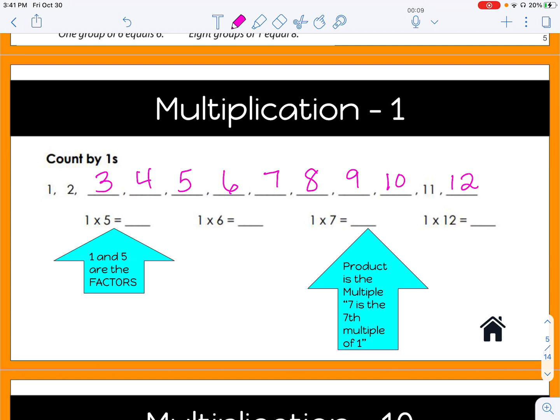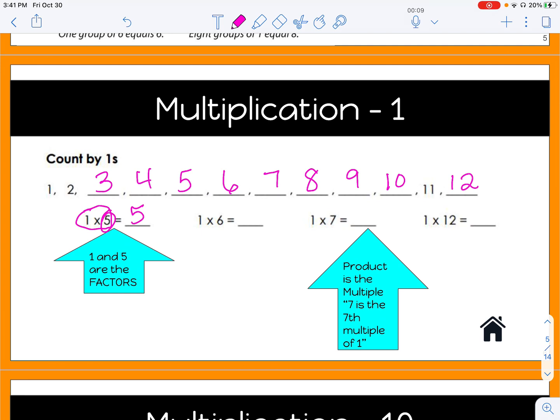Now, these are your multiples of 1. So 1 and 5, these are my factors, okay? So if I had one group with 5 in it, or 5 groups with one thing in each group, I'm going to get 5 because I'm taking this number, and that's that identity property.